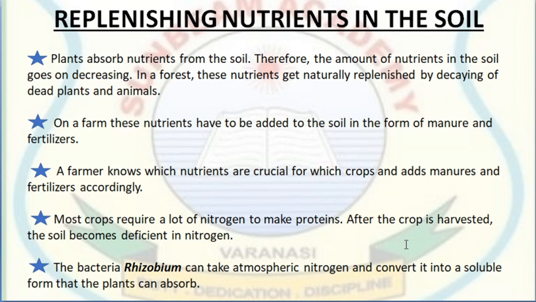It therefore lives in the roots of leguminous plants like gram, peas, and moong, where it gets food and shelter. In turn, it provides them with nitrogen. It thus has a symbiotic relationship with leguminous plants. We get most of the pulses from leguminous plants, and the farmers know that they do not need to add nitrogenous fertilizers in the soil in which leguminous plants are grown.